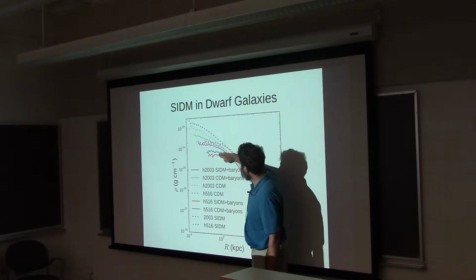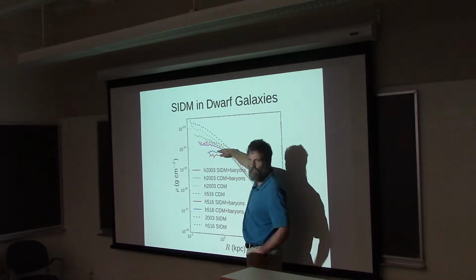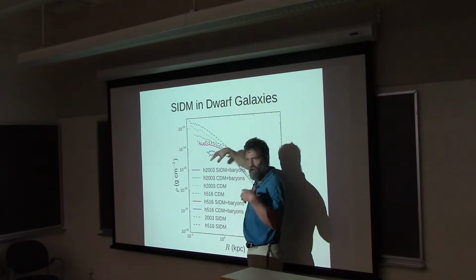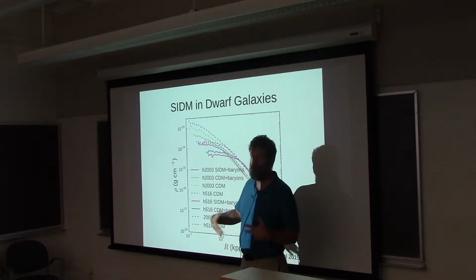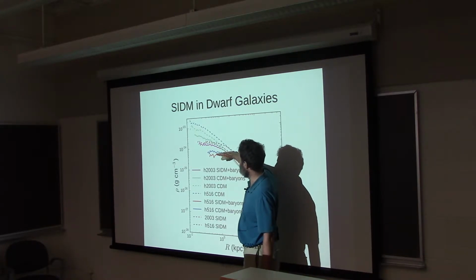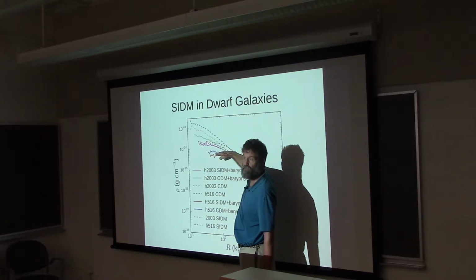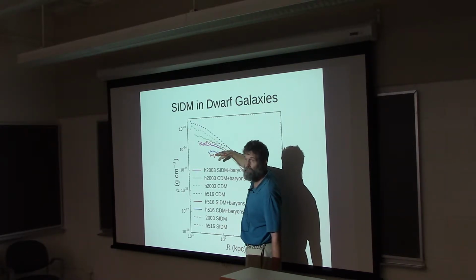We see that the core is flattened significantly in both cases, because the baryonic effects are also flattening the halo. In fact, in this mass range it is doing it more effectively than the self-interacting dark matter. It's very hard to tell the difference between the two models.